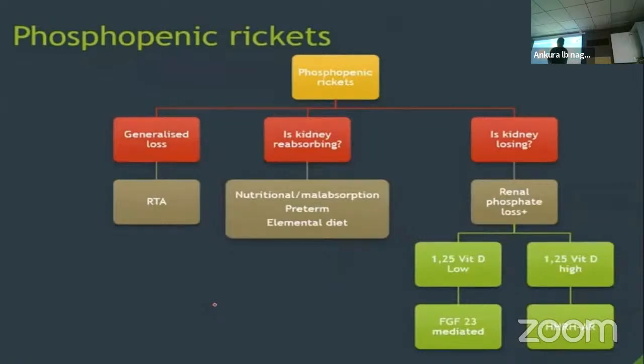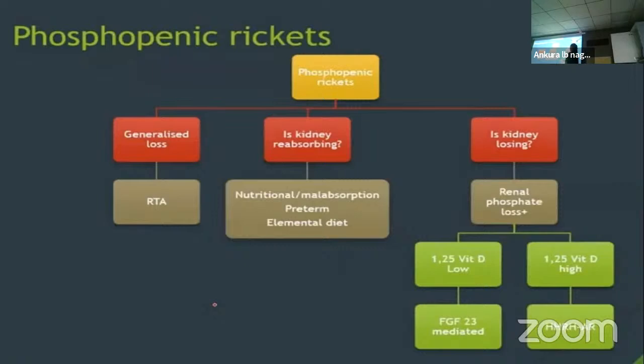In our child there is renal phosphate loss. The next differential diagnosis we are suspecting is X-linked hypophosphatemic rickets or similar, so we decided to do 1,25 hydroxy vitamin D.